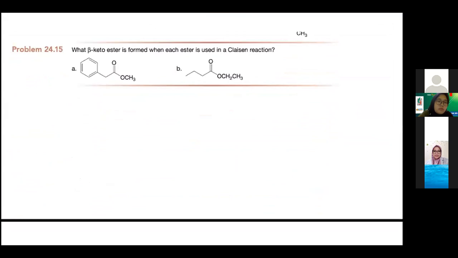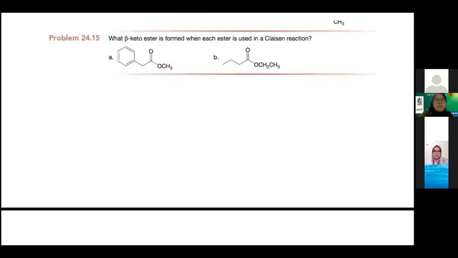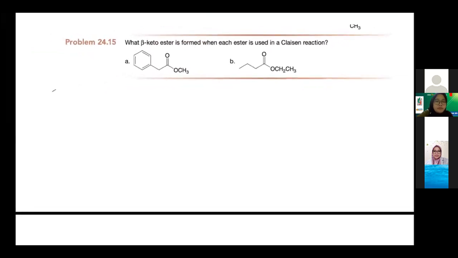This is an example for the beta keto ester. OCH3.